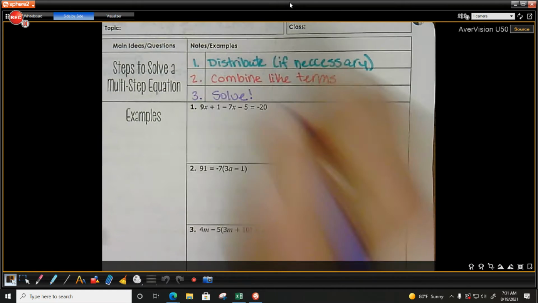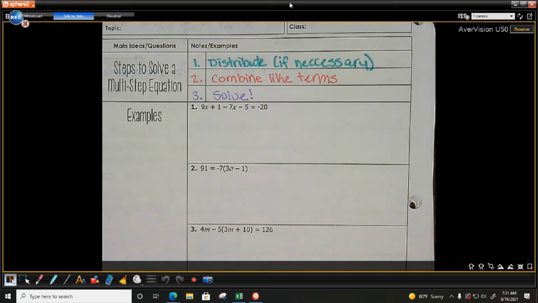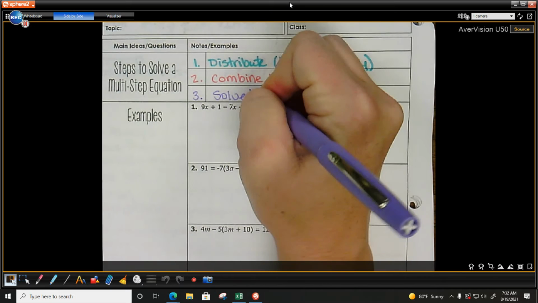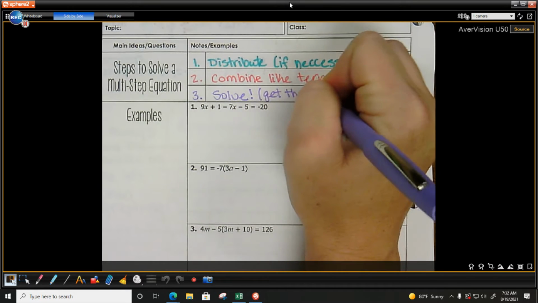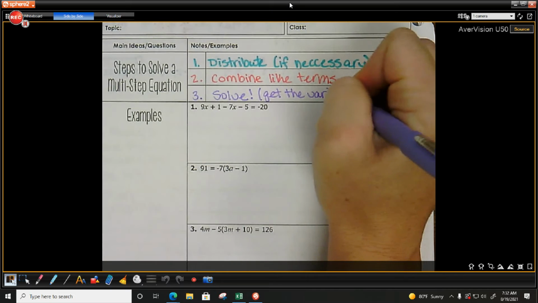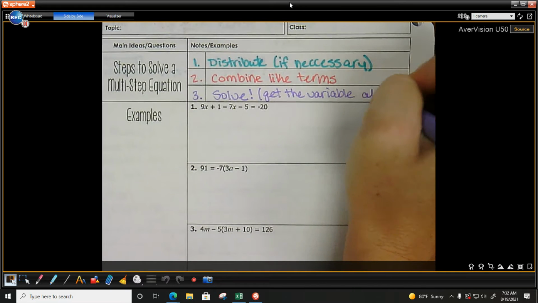Our last class. Okay, what does it mean to solve? What does it mean to solve, guys? My answer should have what all by itself? The variable. So to solve, that means get the variable alone.